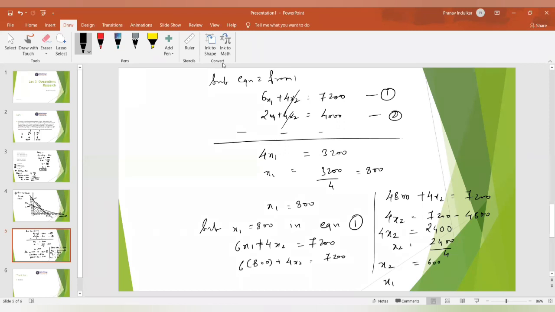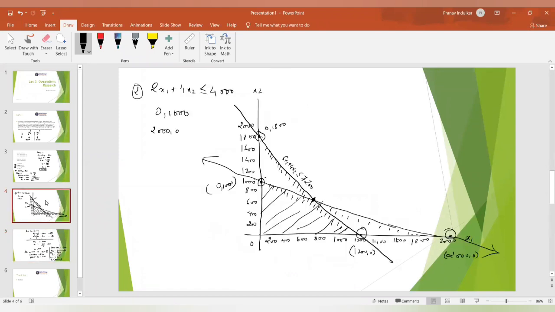So therefore the final answer is 800 comma 600. Is that clear to all? Now if you see this intersection point, you will notice this is 800 comma 600. This is not so accurate because I have drawn it freehand, but you will get an accurate answer because you will be doing it on graph paper. Is this clear to all?